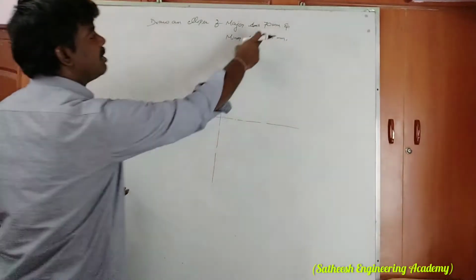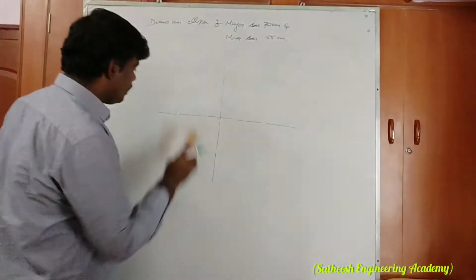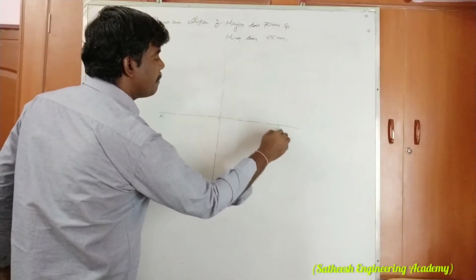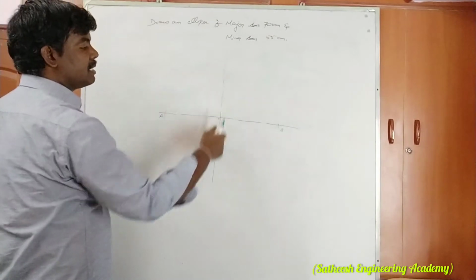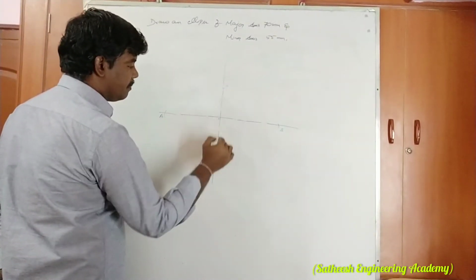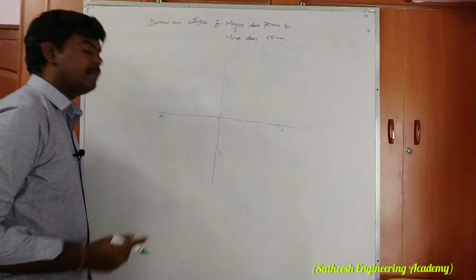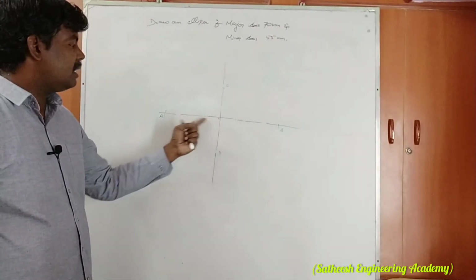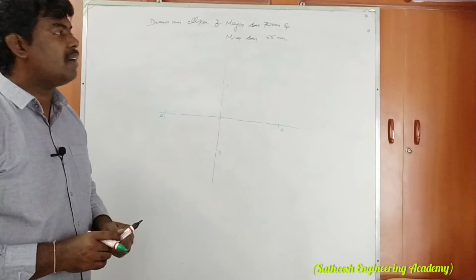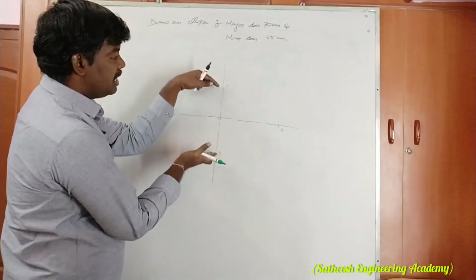The given major axis size is 70 mm, so from the center, 35 on this side is A, and 35 on this side is B. Next, the minor axis in this direction is 55, so take half of the size; this is C and this is D. With O as center and 35 radius, intersect arcs on the major axis at points A and B. Next, for the minor axis 55 mm, take half the size, and with O as center intersect arcs on the vertical line to get C and D. So A to B is the major axis 70 mm and C to D is the minor axis 55 mm.